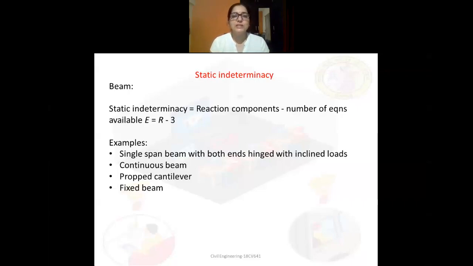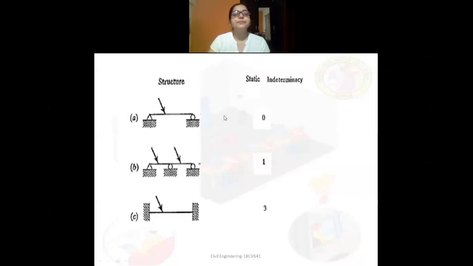A few examples to find out: single span beams with both ends hinged with inclined loads, continuous beams, propped cantilever, fixed beam. We are going to study all these examples one by one now. Here you can notice there is a hinge and a roller support.